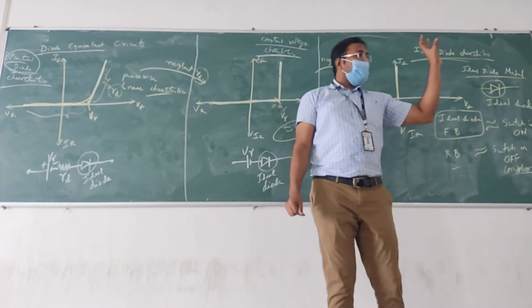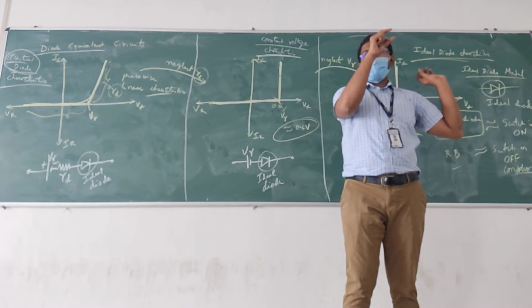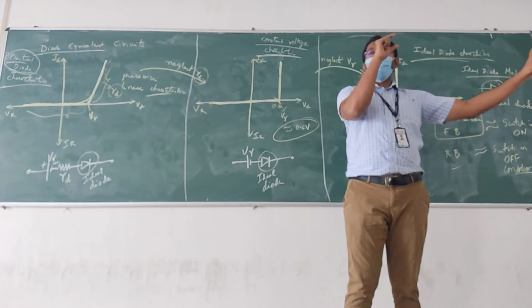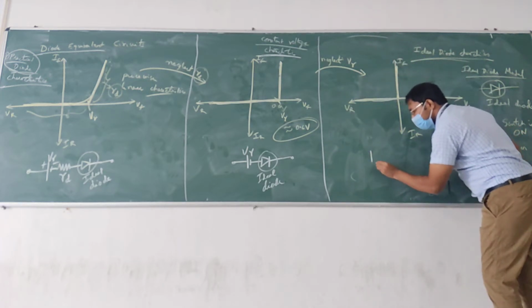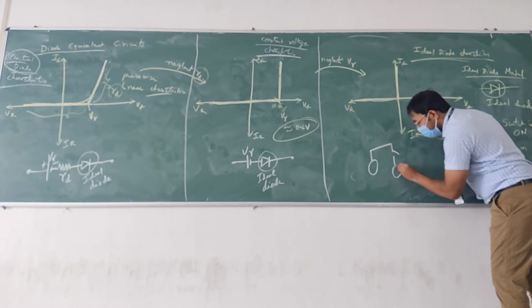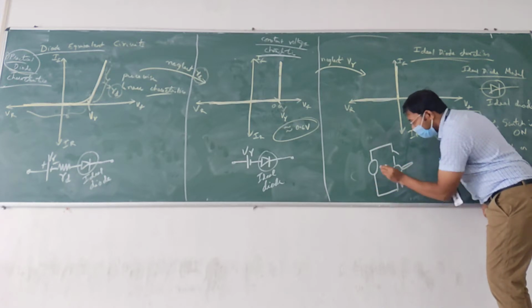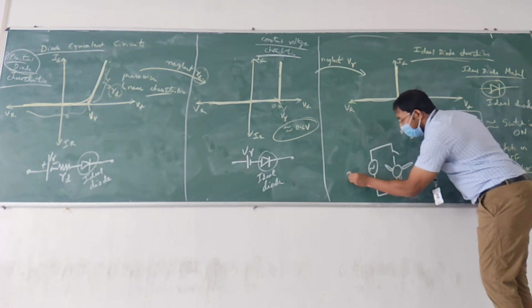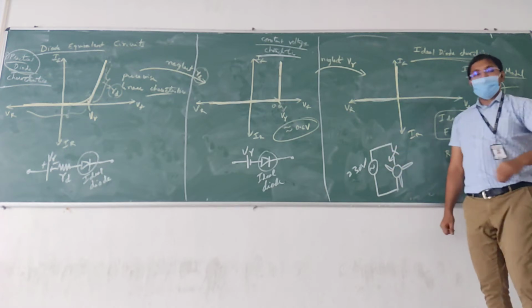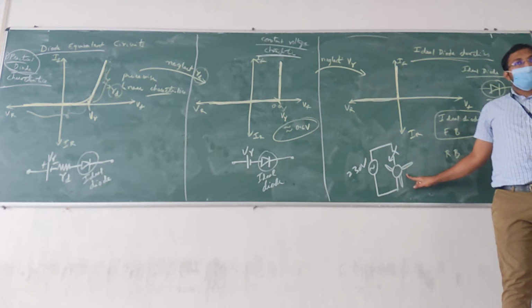So you have a 230 volts supply, a switch, and a fan. When this switch is on, the entire 230 volts is going to the fan.